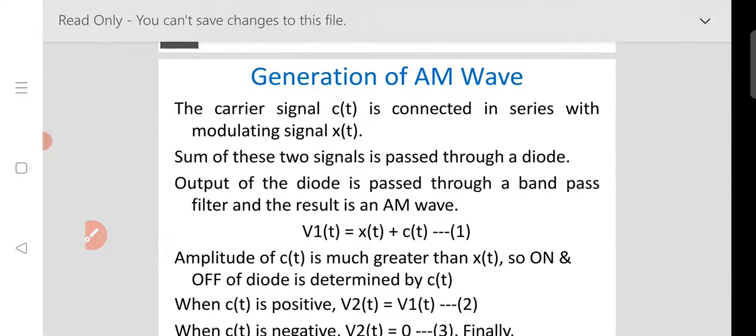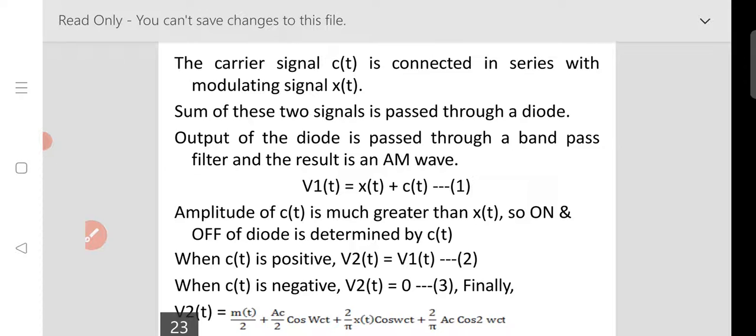Up to now we discussed the generation of AM waves, it means the modulation process of AM, amplitude modulation generation at the transmission side.